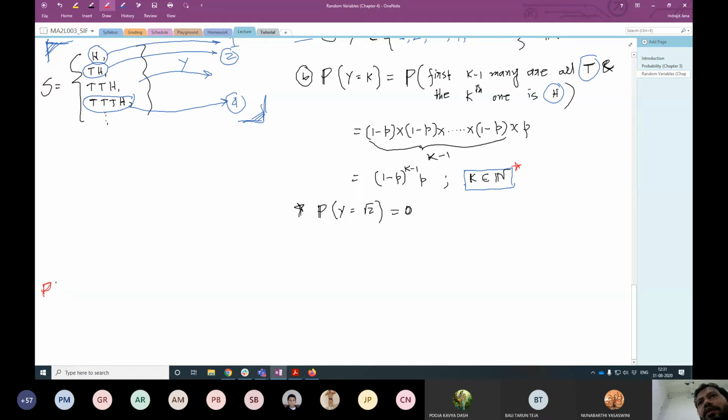This is actually called the probability mass function, or in short, PMF.